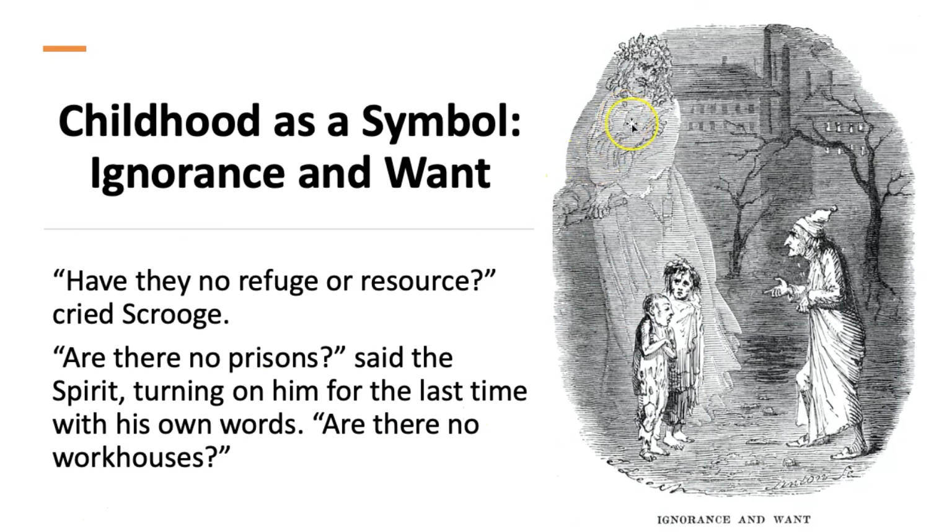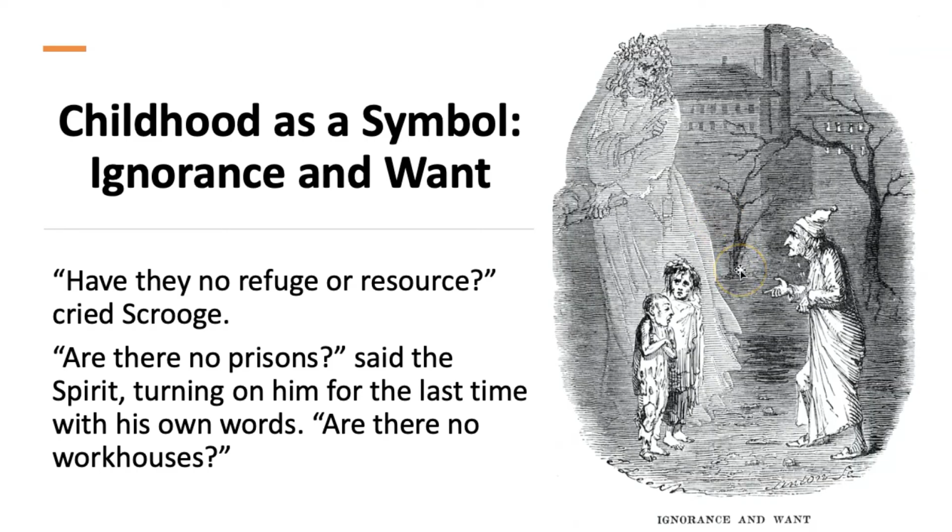Again, the ghost gives Scrooge a warning about the future, and he says, beware ignorance most, and links ignorance to doom, not for the children, but for society. Well, again, that's a job for the Ghost of Christmas Yet to Come. It's seeing into the future, but this power is suddenly stolen by the Ghost of Christmas Present, because Dickens wants to link the theme of childhood, poverty and ignorance, poverty and the lack of education, to the same chapter in which he's dealing with Tiny Tim.